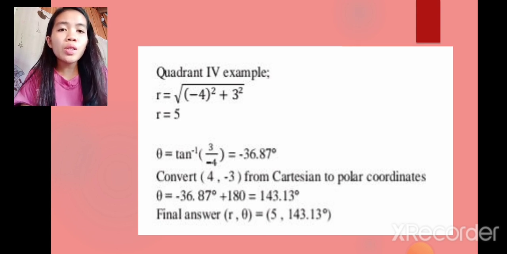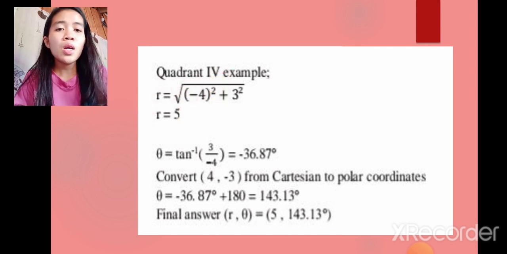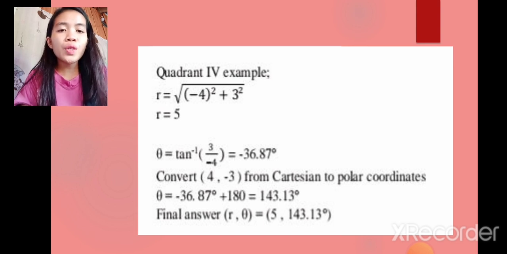The square root of 25 is 5. So our r is 5. Theta is equal to tan inverse of 3 over -4, which is -36.87 degrees.